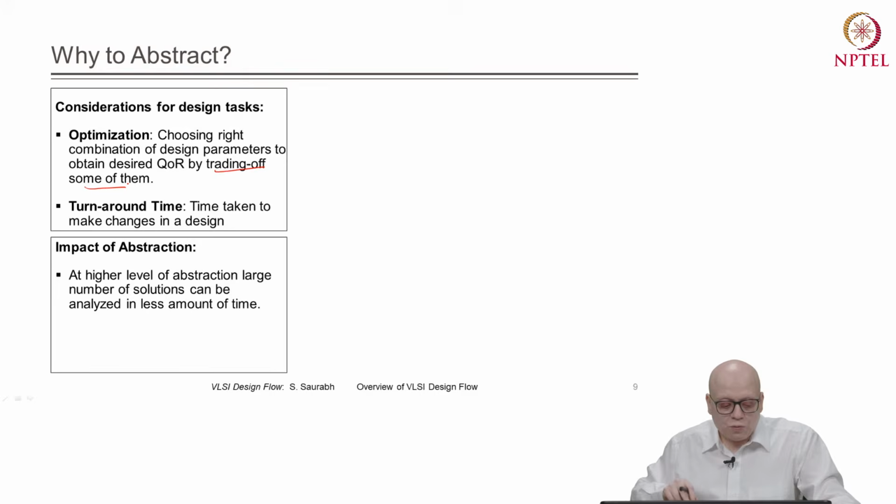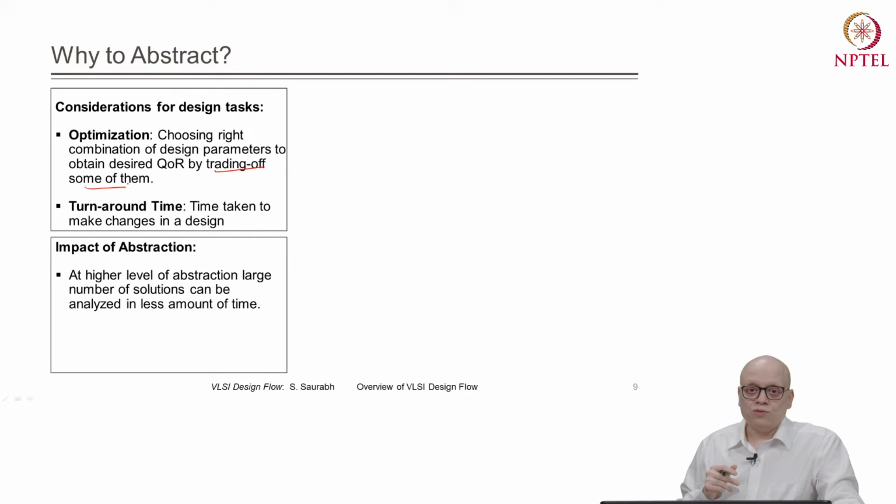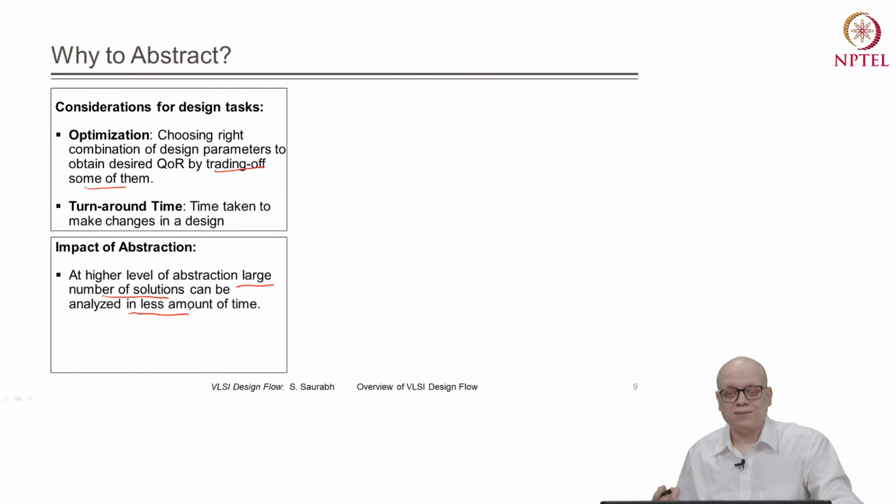Now, when we do abstraction, what benefits do we get? When we do abstraction at the higher level, the details in the design are less. So, at the higher level, abstraction is more, and therefore a large number of solutions can be analyzed in less amount of time, right?